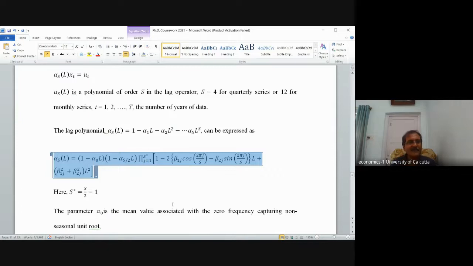This is the expression for the lag polynomial used by them.